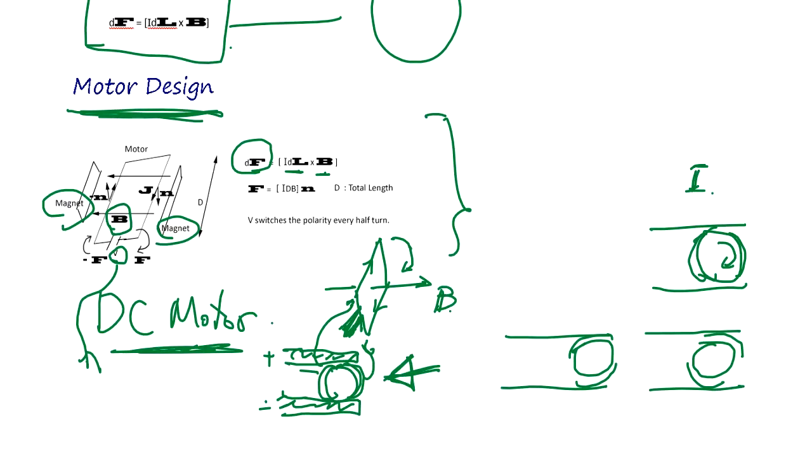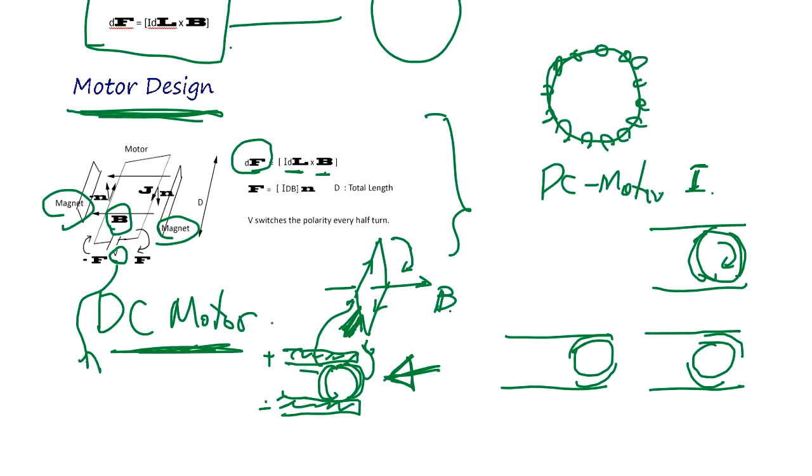And now the electric car uses a more sophisticated one. They have many magnets. It's a DC motor, and the wire is configured in many angles.